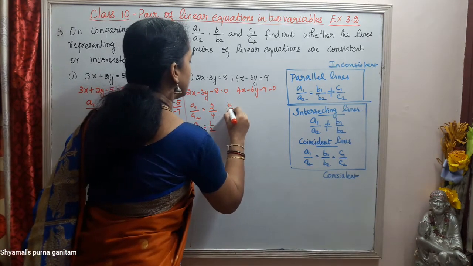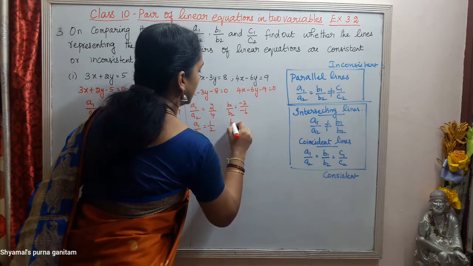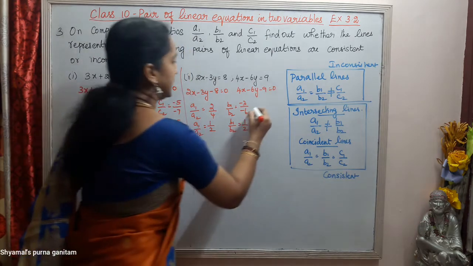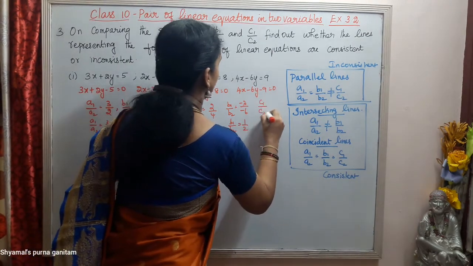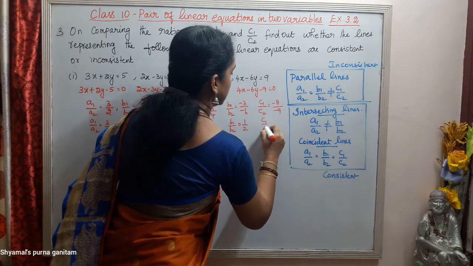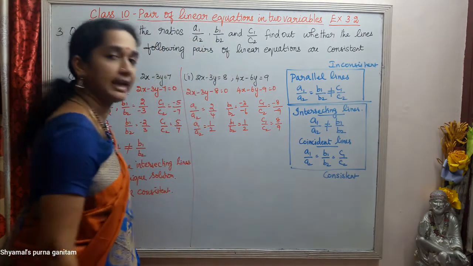Then B1 by B2 is equal to minus 3 by minus 6. When we simplify this, we will get 1 by 2. Then C1 by C2 is equal to minus 8 by minus 9. When we simplify this, we will remove the negative sign and get 8 by 9.